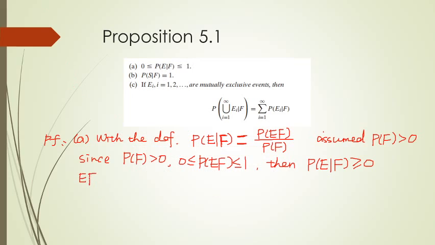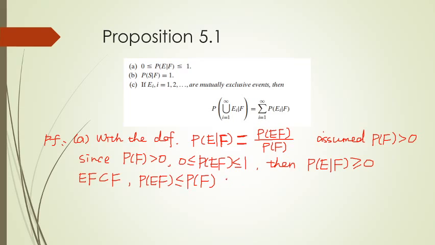There is no problem understanding this one. If you use a Venn diagram, it's very direct. And we have a result: if this is a subset of F, then the probability of E and F will be less than or equal to the probability of event F.